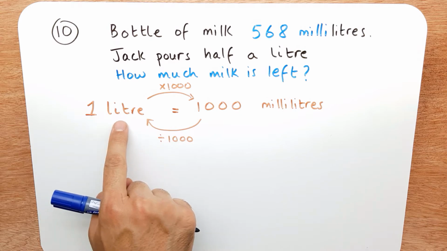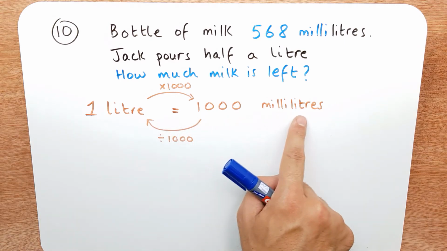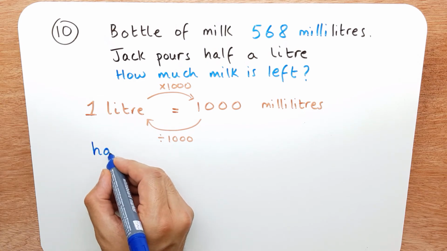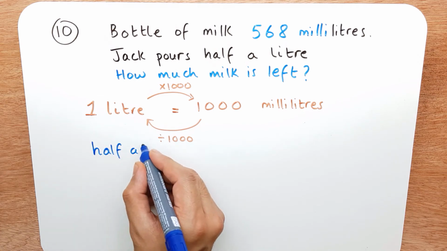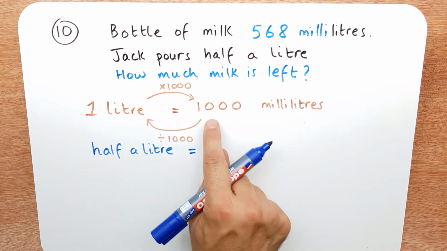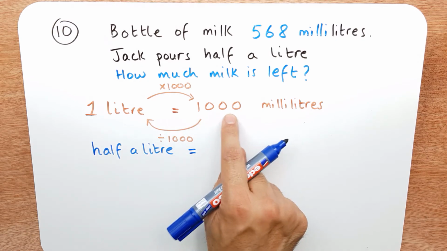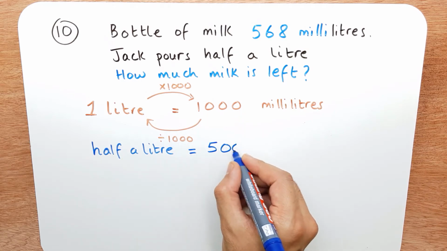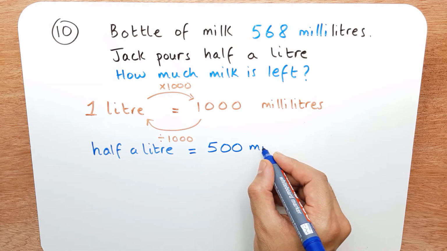Now we know 1 litre is 1000 milliliters. And we want half a litre. And half a litre is half of that. So what is half of 1000? It's 500 milliliters.